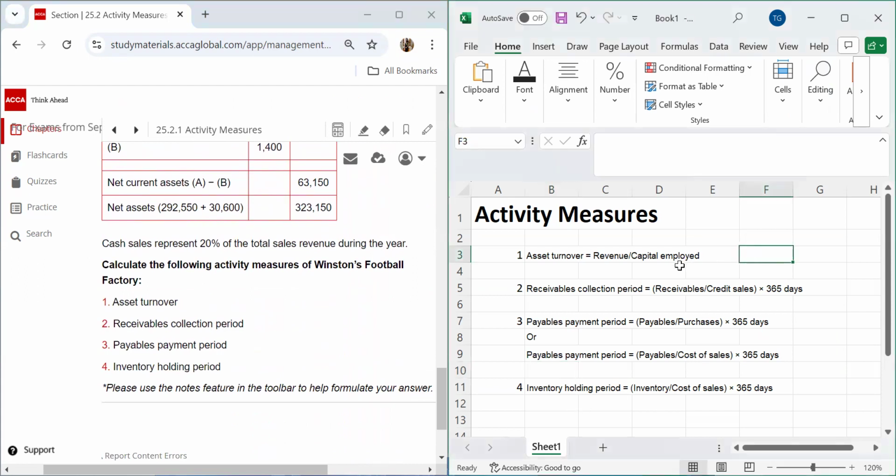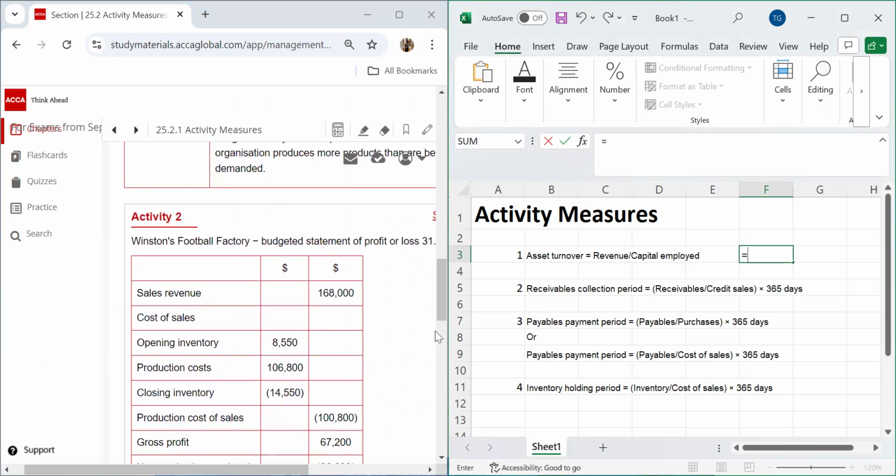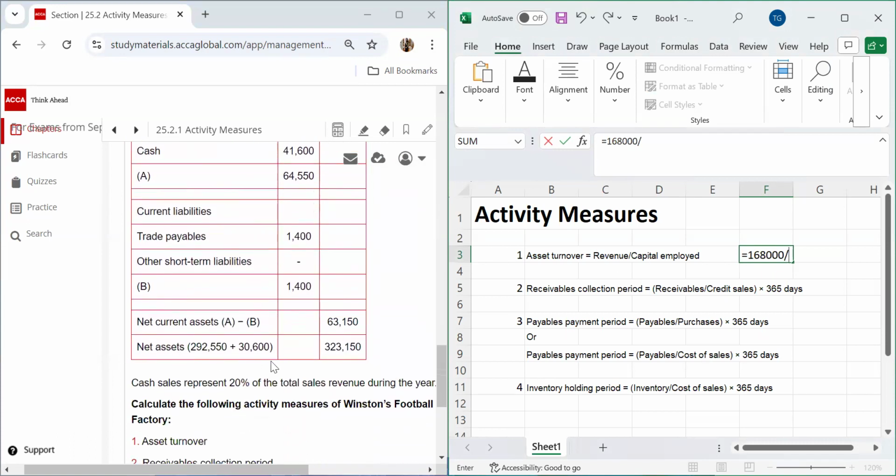So when you talk about the asset turnover, it's going to be your revenue divided by the capital employed. So you see how much is your revenue which has been given in the question. Revenue they have stated is 168,000. You divide this by your denominator, which is supposed to be your capital employed. Capital employed is nothing but your net assets.